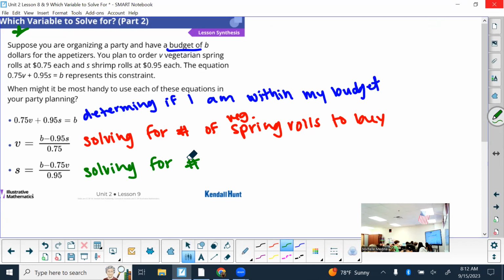Solving for the number of shrimp rolls. Right, because if you have the values of the other two things, then you're just putting one thing into your calculator all at once versus doing all these separate steps.